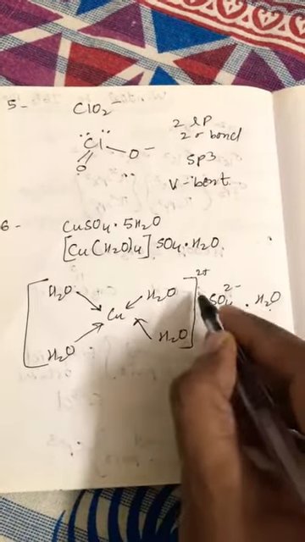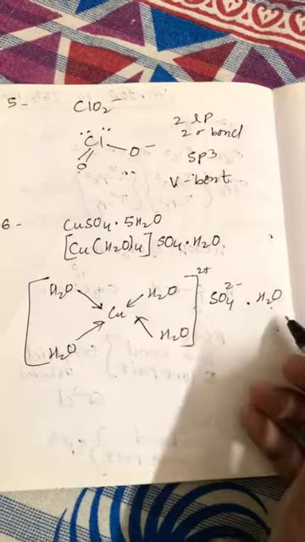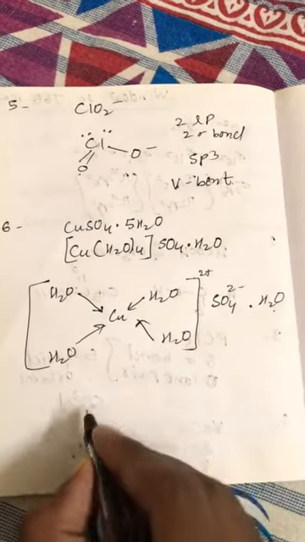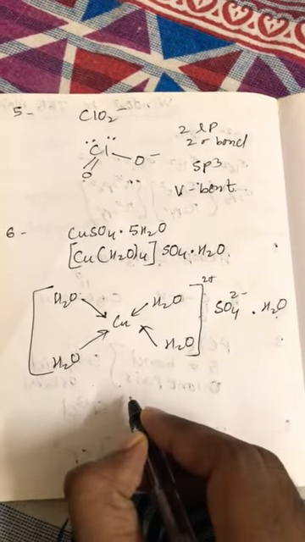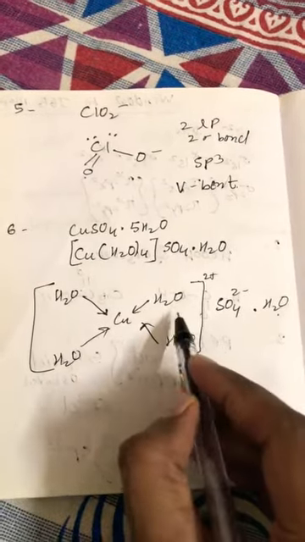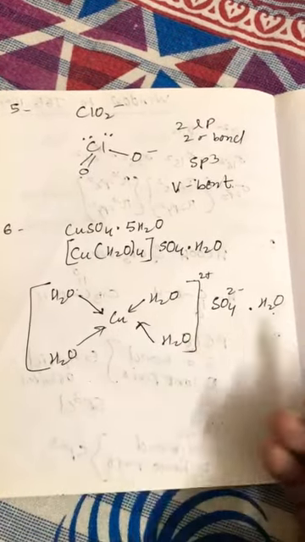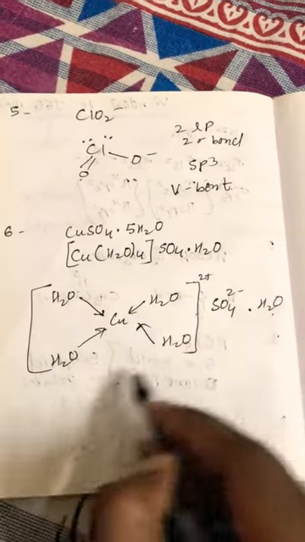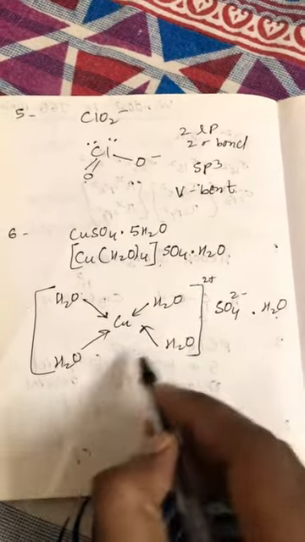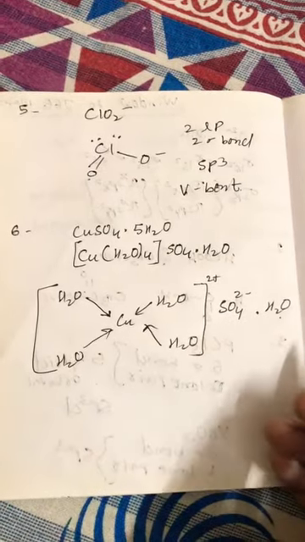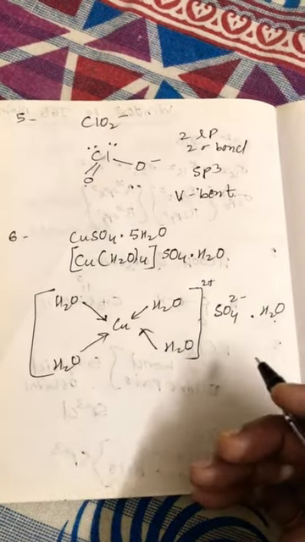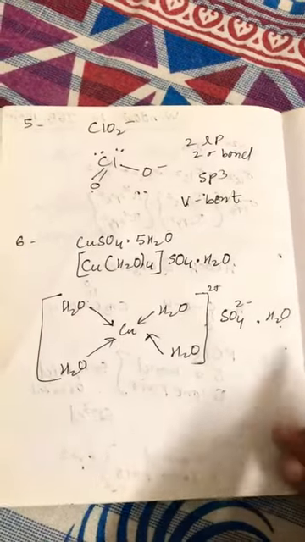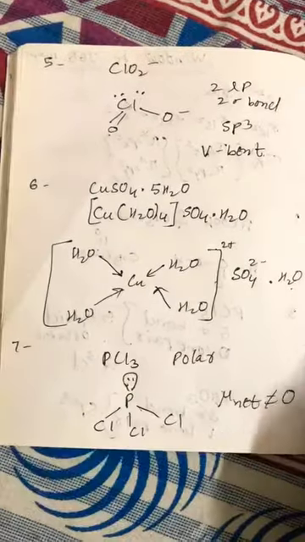Obviously this H2O and these H2O can form hydrogen bond with each other. So it has hydrogen bond, covalent bond. Obviously between H2O, between SO4 we have covalent bond. Ionic bond, obviously between this bracket part and SO4 2 negative. So we have hydrogen bond, covalent bond, coordinate bond and ionic bond. 4 types of bond.